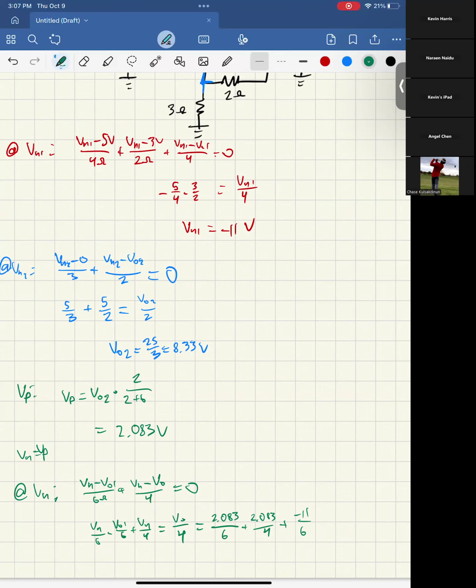So then if we know that that's equal to V out over 4, we can plug this all into a calculator, multiply by 4. So the answer times 1/6 plus 1/4, and then minus 11 over 6. Multiply that by 4. I messed up somewhere.